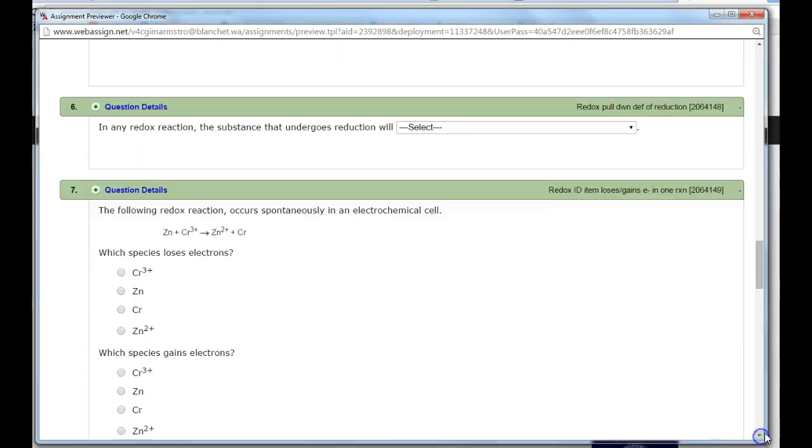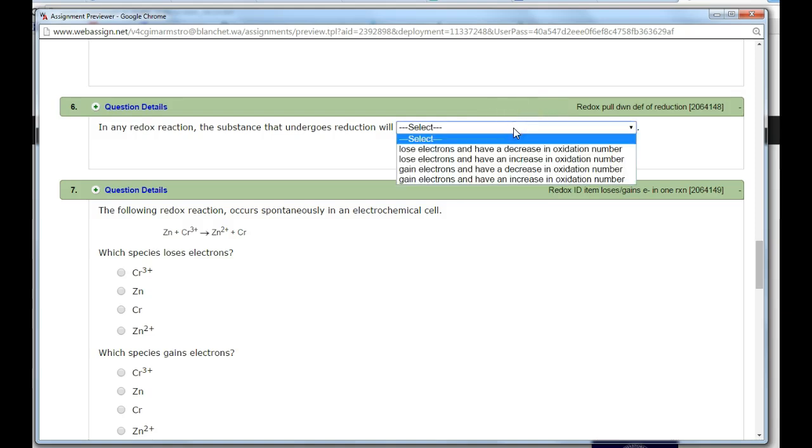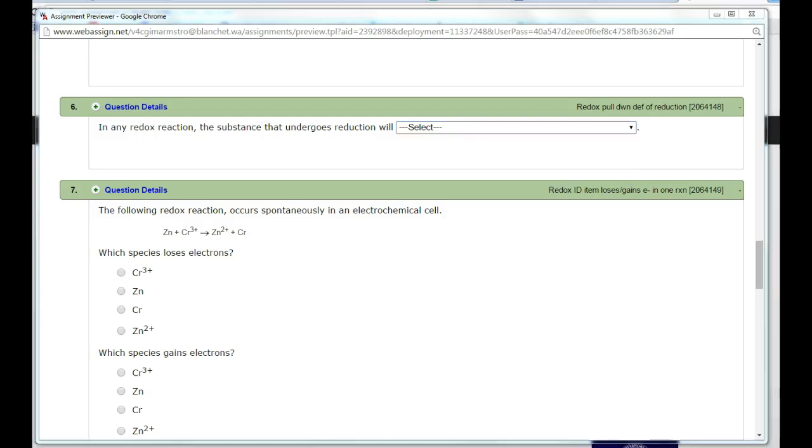Question number 6. In any redox reaction, the substance that undergoes reduction will, I'm not sure what these selections are. So let's think about what reduction is. I always have to go back to my Leo the lion goes GER.